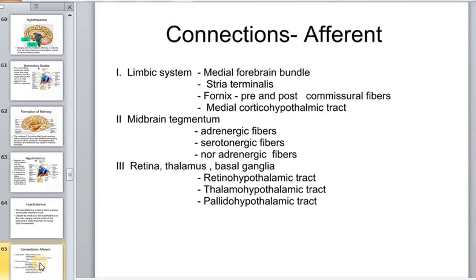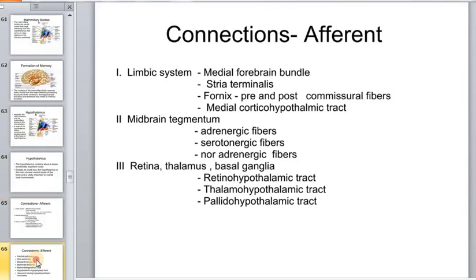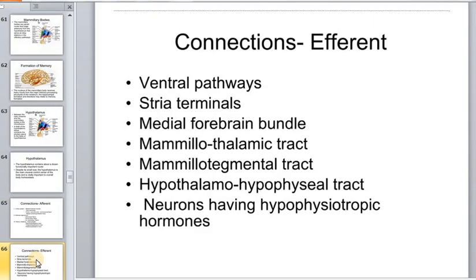Connections: we have the two types always, afferent and efferent connections. Afferent, with the limbic system, medial forebrain structures, midbrain tegmentum and retina, thalamus and basal ganglia. Efferent connections with the ventral pathway, stria terminalis, medial forebrain bundle, mammillothalamic tract, mammillotegmental tract, hypothalamo-hypophyseal tract, and neurons having hypophysiotropic hormones.